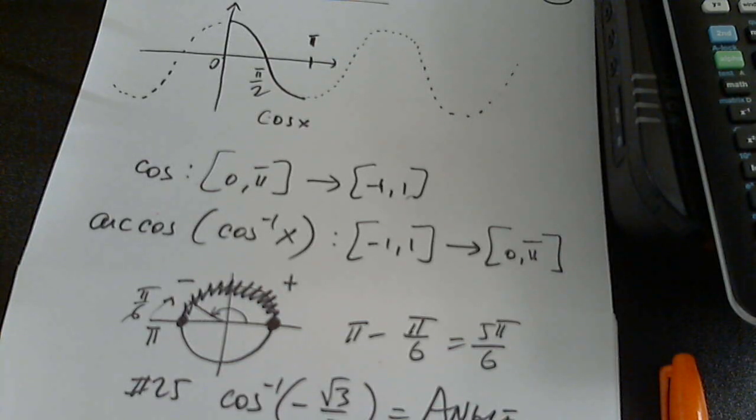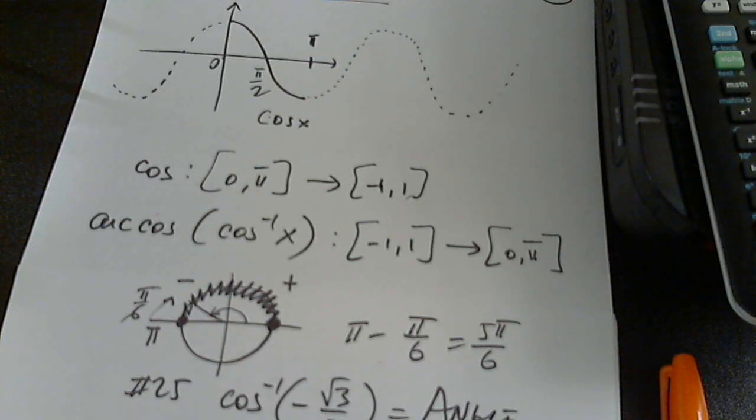If you want to check, make sure that the mode is in radian mode. So how will you check this? I want to check cosine inverse, which is this function in blue with a second feature. And I put negative the square root of 3, careful, outside, divided by 2.